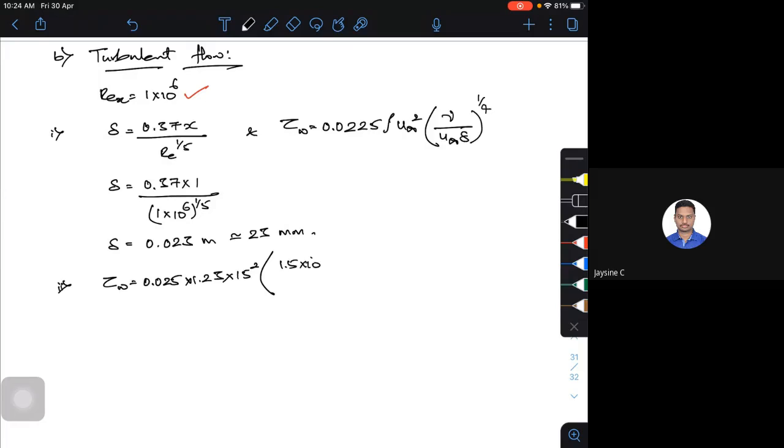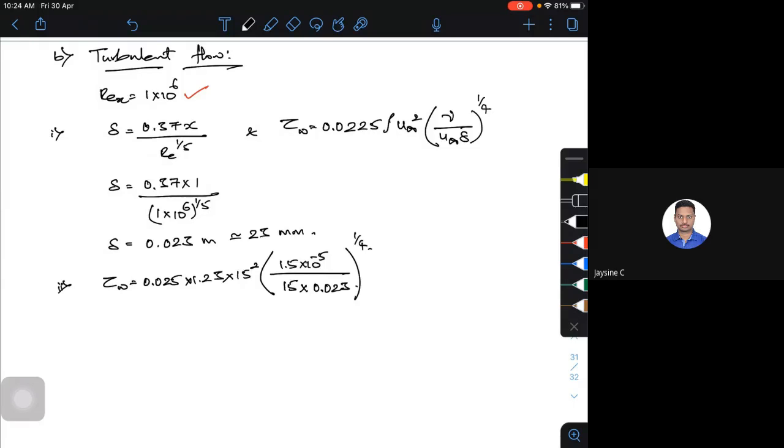One minute, there is a change in this formula. So nu divided by 15 into delta, which is 0.023, to the power of 1 by 4.